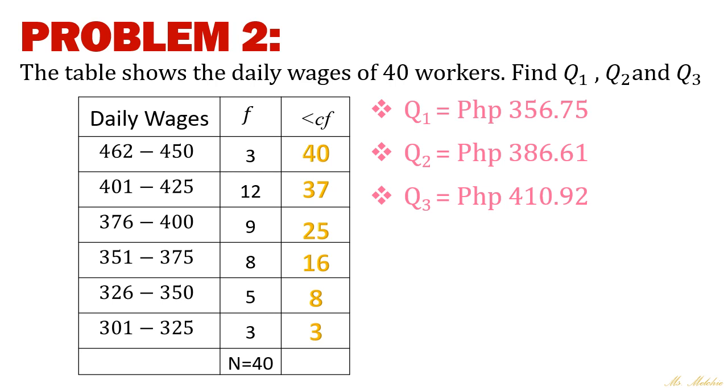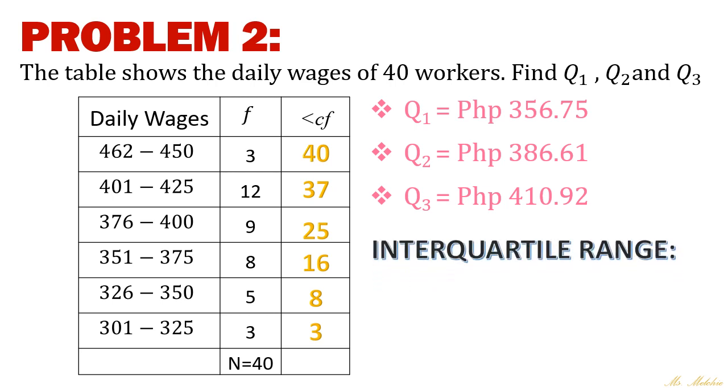But of course, there will be additional information. How are we going to solve for the interquartile range of this given grouped data? Actually, we will be following the same formula that I gave you when we dealt with quartiles of ungrouped data.